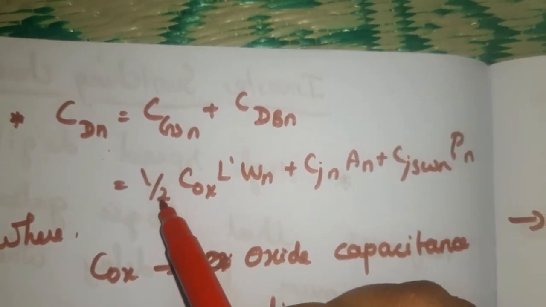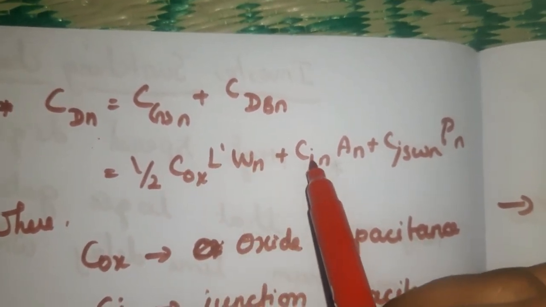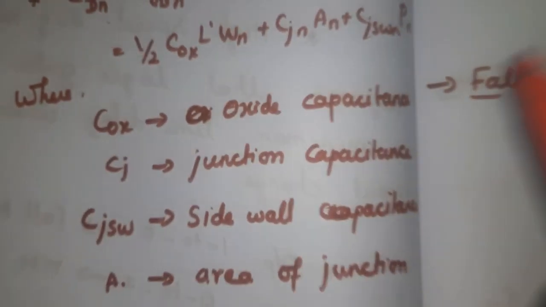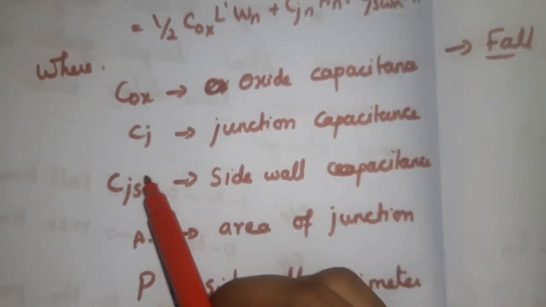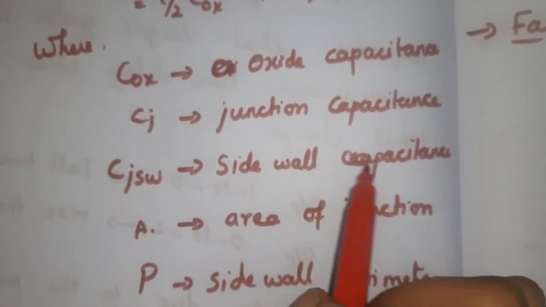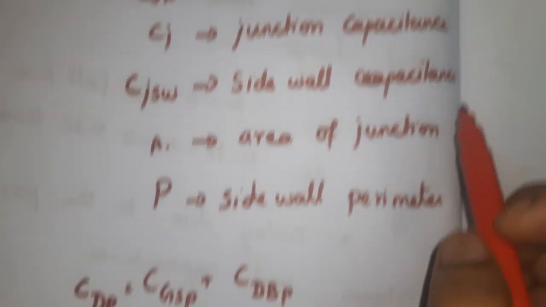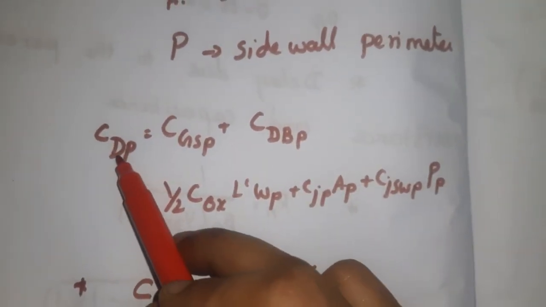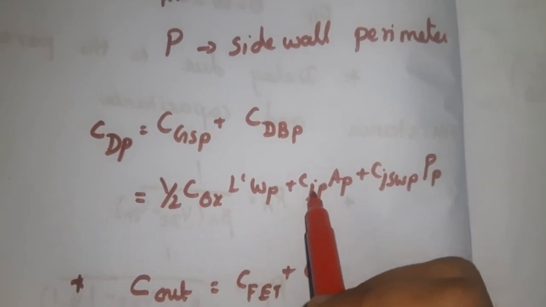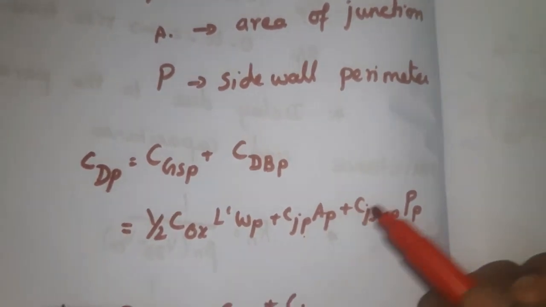So this is equal to half into COX L' into W plus CJ A N plus CJSW P N. Here COX is the oxide capacitance, CJ is the junction capacitance, CJSW is the sidewall capacitance, A is the area of the junction, and P is the sidewall perimeter. Similarly, we get the capacitance of the PFET, equal to half COX L' WP plus the same junction terms. The same equation applies for the PFET.